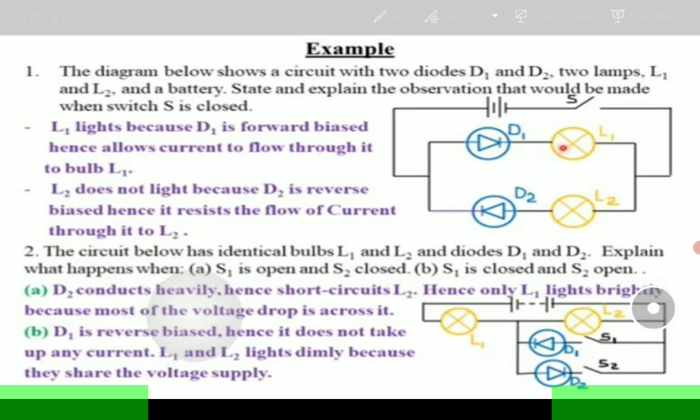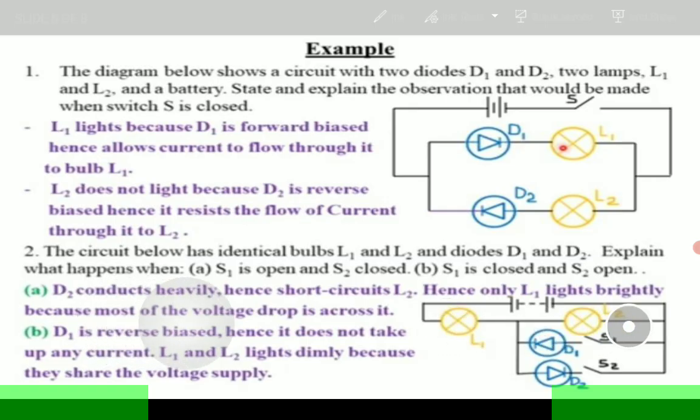Okay, and remember that voltage is shared among components in a circuit. So this lower part here will not conduct because of the reverse bias connection of the diode to the battery.